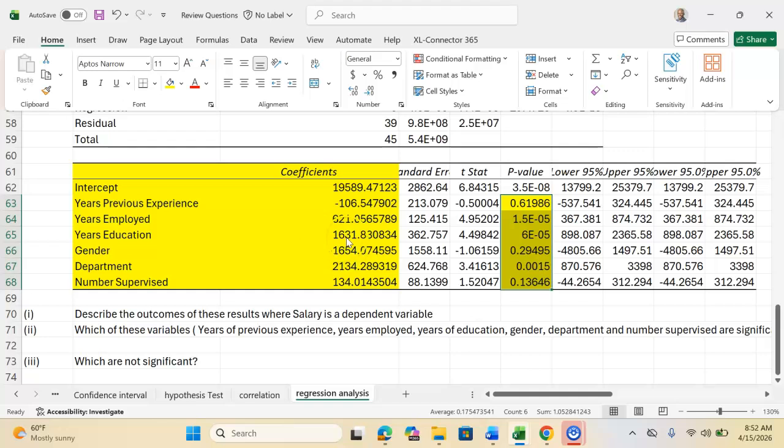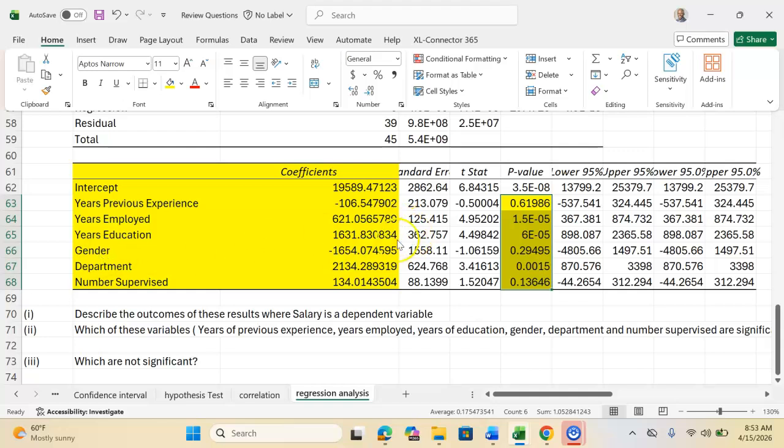So years of education here, we have this value, which is the slope. Let's see the p-value. The p-value also has E equals to E5, meaning that we have 0.406. That also is smaller than the significance level. So this amount is significant.